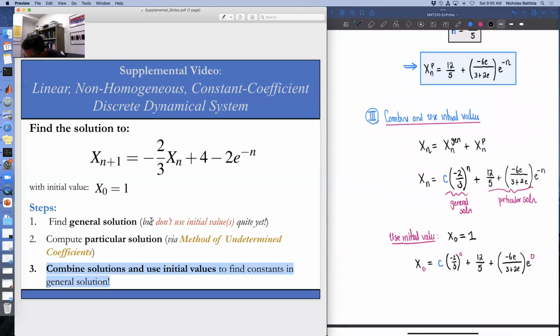This thing's going to simplify for us a little bit. But again, from our initial condition, when n equals 0, x_0 equals 1. So we set that equal to 1.